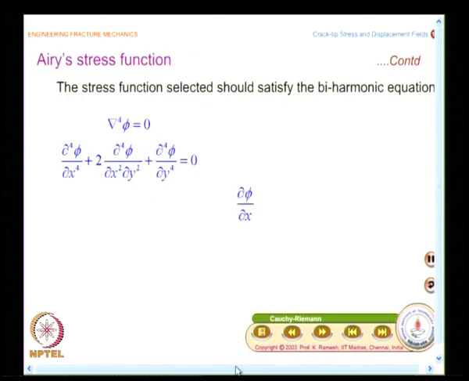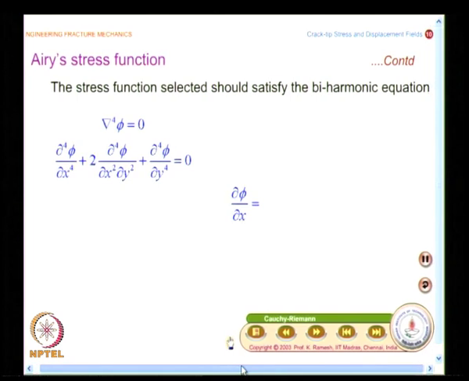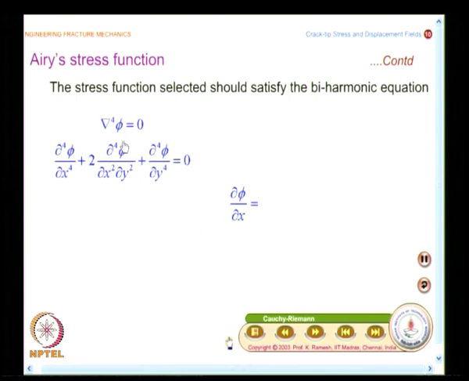So, the first test that we have to do is, when we have defined phi, we have to ensure whether it satisfies the biharmonic equation. And what is the biharmonic equation?